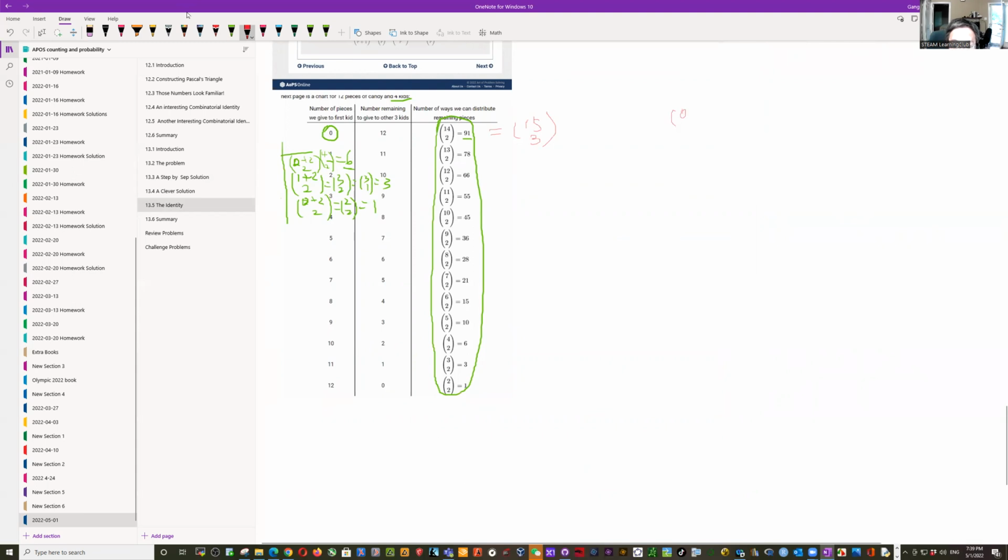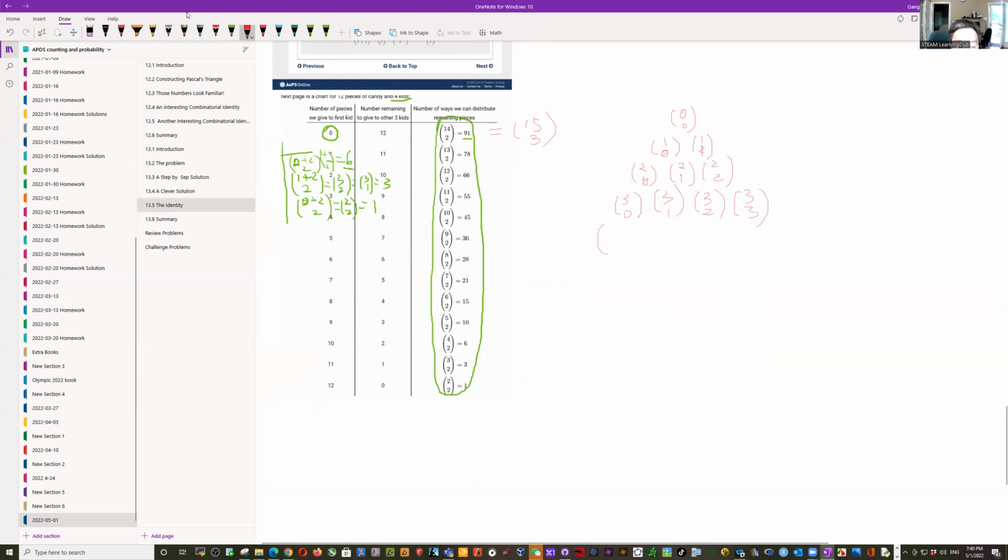So basically this is 0 choose 0, then 1 choose 0 and 1 choose 1, and 2 choose 0, 2 choose 1, and 2 choose 2. Then 3 choose 0, 3 choose 1, 3 choose 2, and 3 choose 3.